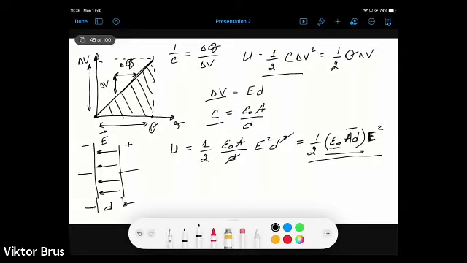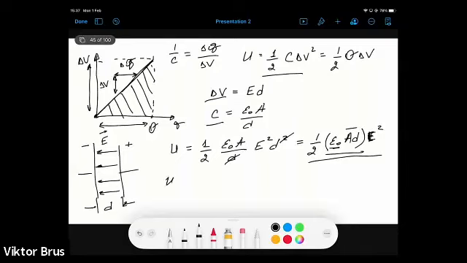So it's area times distance between plates. So that's why if we divide this expression by volume, we will get the general expression for the energy per unit volume of electric field.